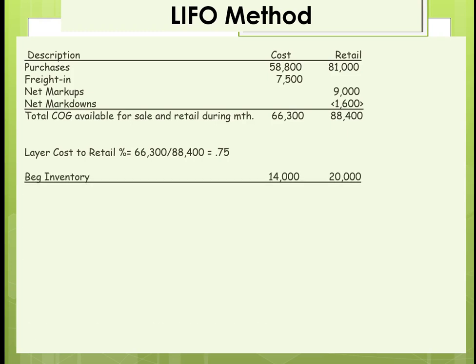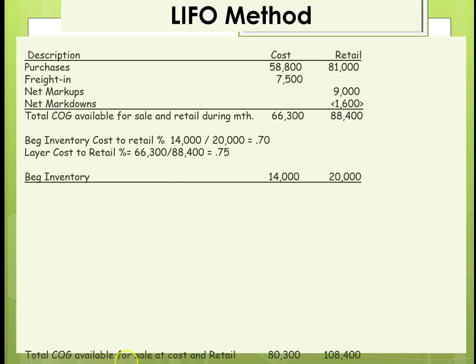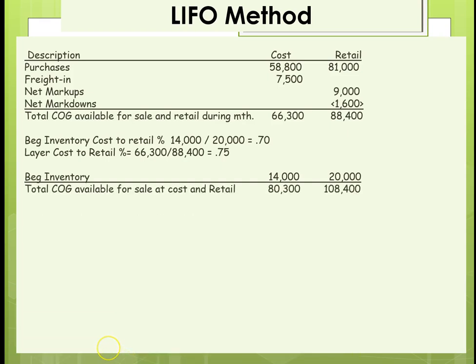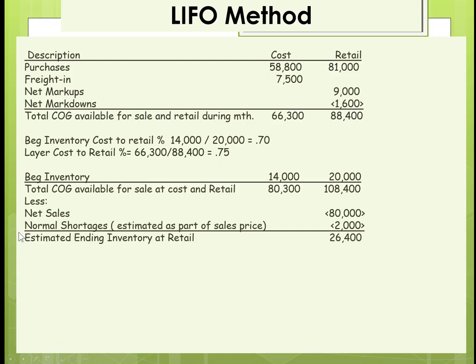Then we're going to do a percentage for our beginning inventory. And we're going to add all that up and get total cost of goods available for sale at cost and retail. We're then going to subtract out our sales and normal shortages.